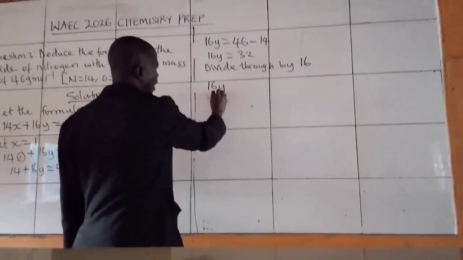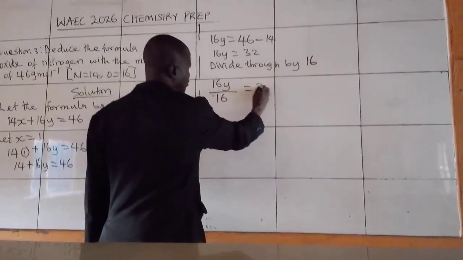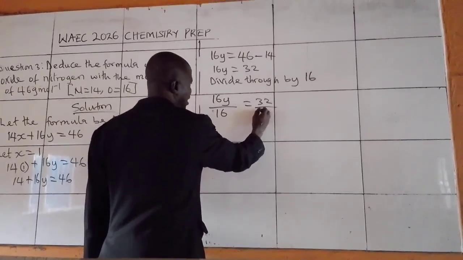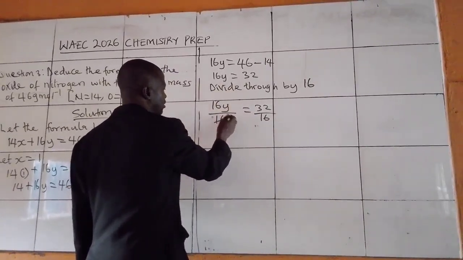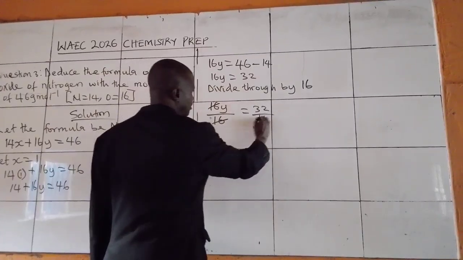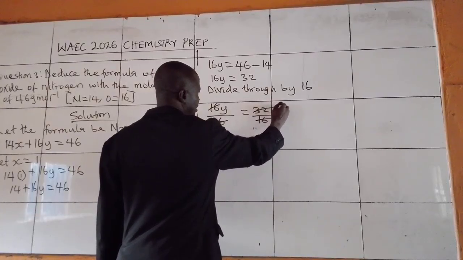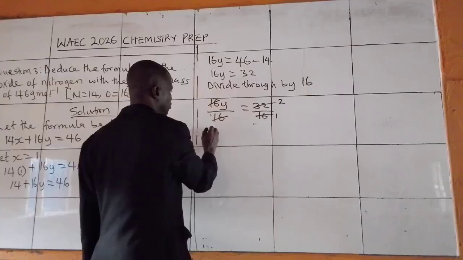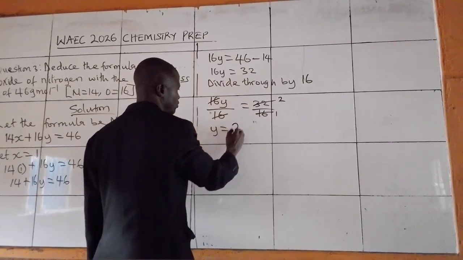Now 16y divided by 16 is equal to 32 all over 16. So 16 into 16 is 1, and 16 into 32 is 2. So we have y is equal to 2.